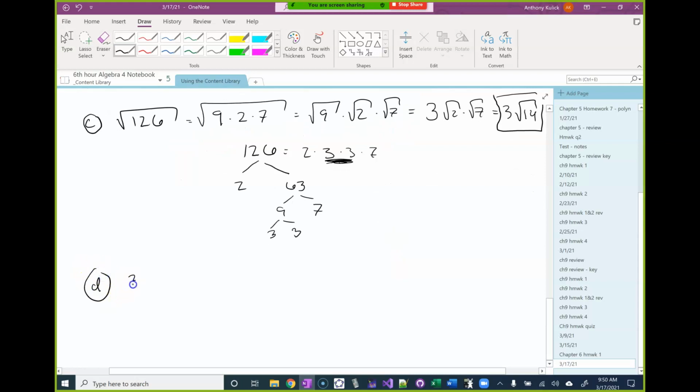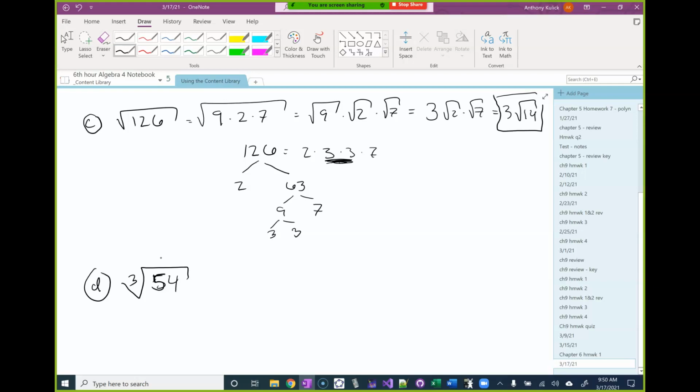What if instead we had the cube root of 54? This time, instead of looking for perfect squares, I need to be looking for perfect cubes.